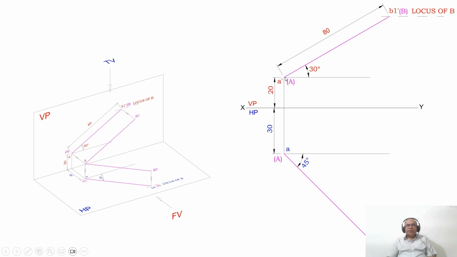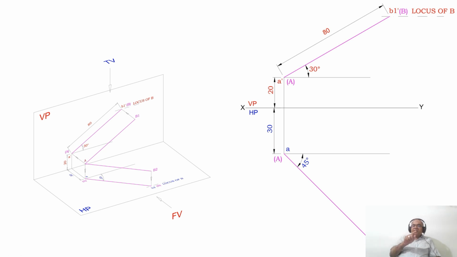So we consider any point on this line and draw a vertical line. I will mark A dash and A, that is, the front view and top view. From A dash you measure 30 degrees and draw a horizontal inclined line. Similarly, from A you measure 45 degrees and draw an inclined line.